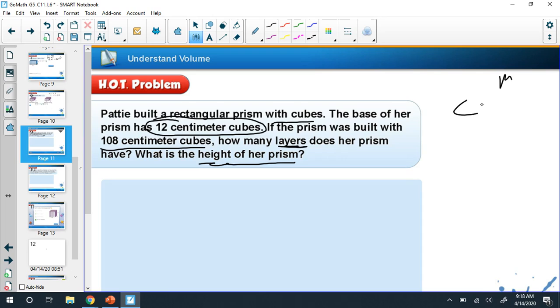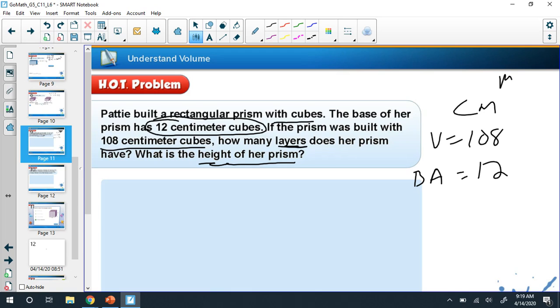So first of all, we know that we are working in centimeters. We know that our total volume is 108 cubic centimeters. We know that the area of our base, so we'll call this our base area, is 12 centimeters.